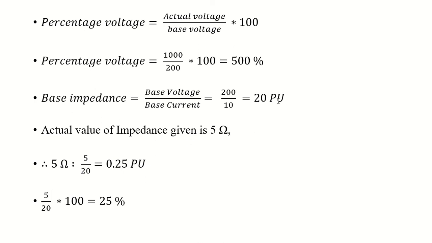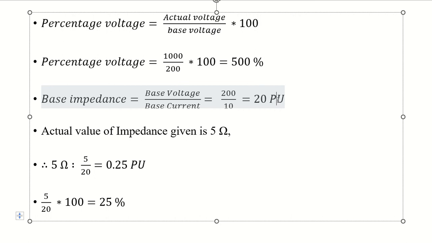Sorry, that is a mistake. If we are calculating the base impedance, then it cannot be per unit. Only values with per unit have pu behind them.